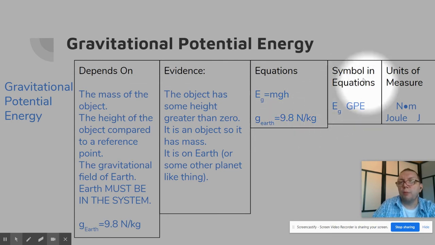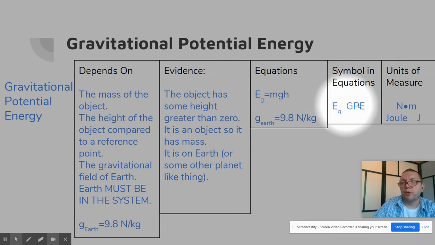There are two common ways at this grade level that we would see gravitational energy written out, or as symbols for it. E with that little subscript G. Sometimes we'll just see GPE for gravitational potential energy. There are, in some places, in more advanced texts, they'll use the letter U for all sorts of potentials, and then they'll say there's U for gravitational, U for potential energy, and then they would somehow use a set of subscripts possibly to convey that the potential energy was gravitational.